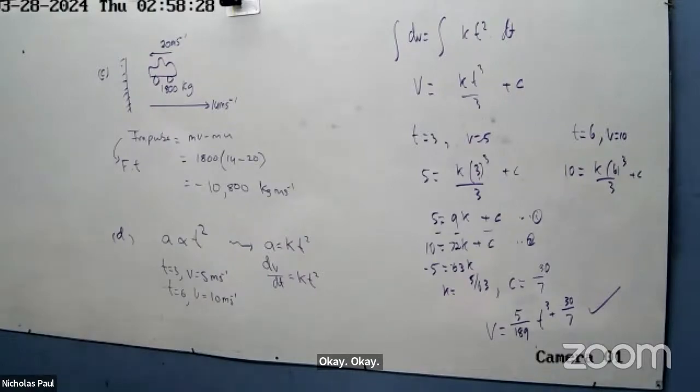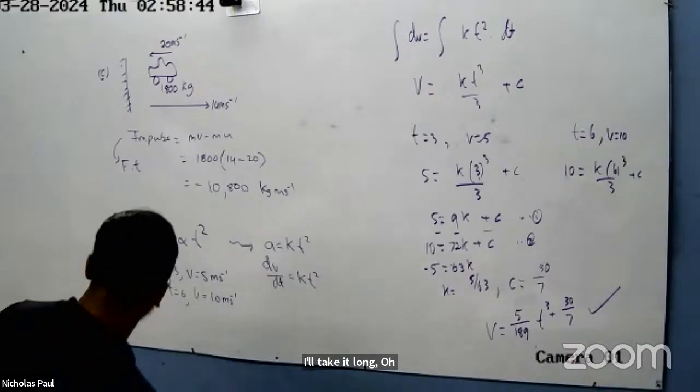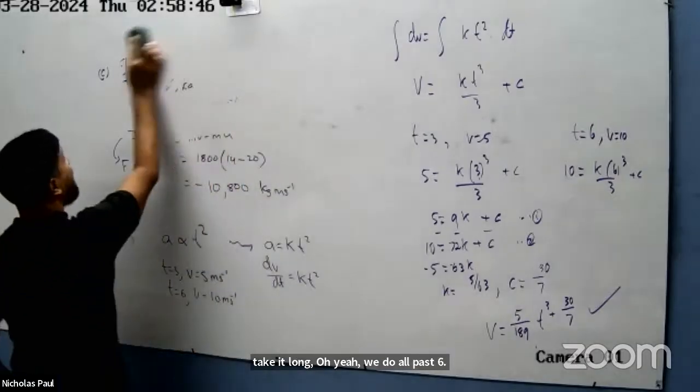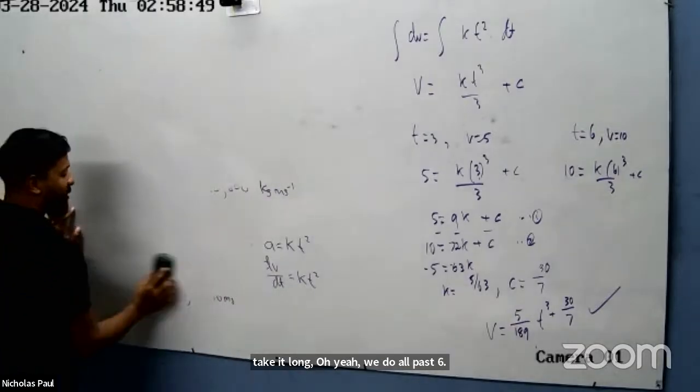Oh, yeah. Look this way. Well, you have to know. Start part 6, but don't take too long. Oh, yeah, we do a part 6. I told you all to finish everything, so when I come back I just need to correct.